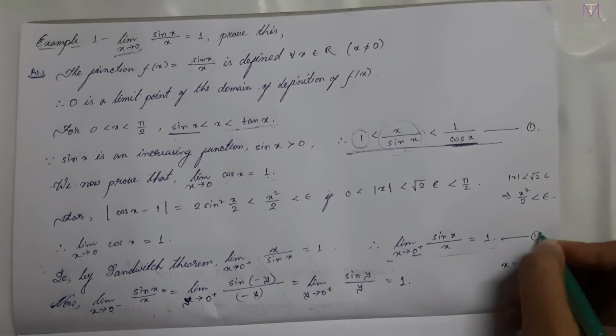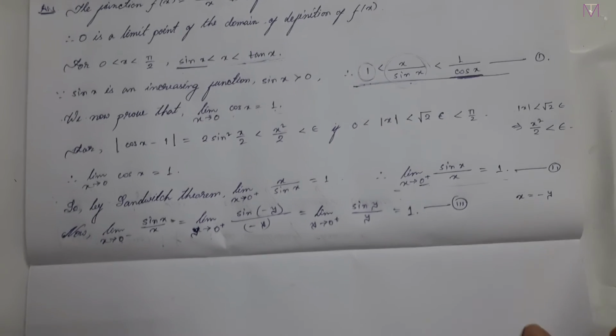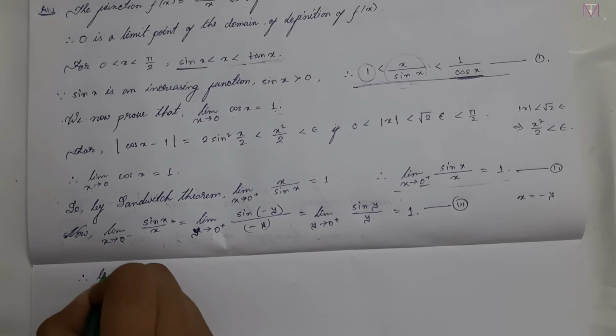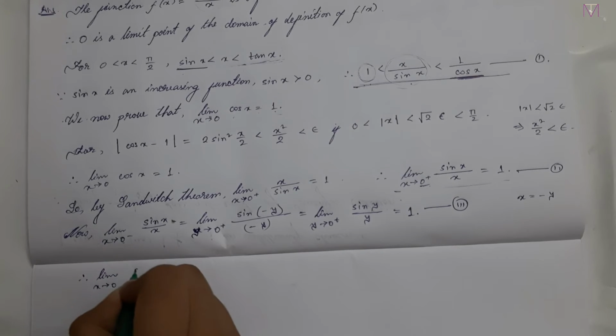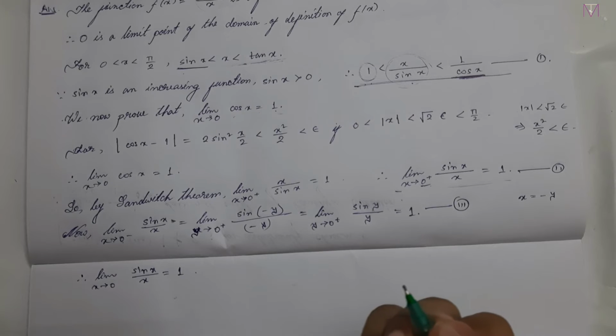So from these 2 and 3 we can easily say limit x tends to 0 of sin x by x is equal to 1.